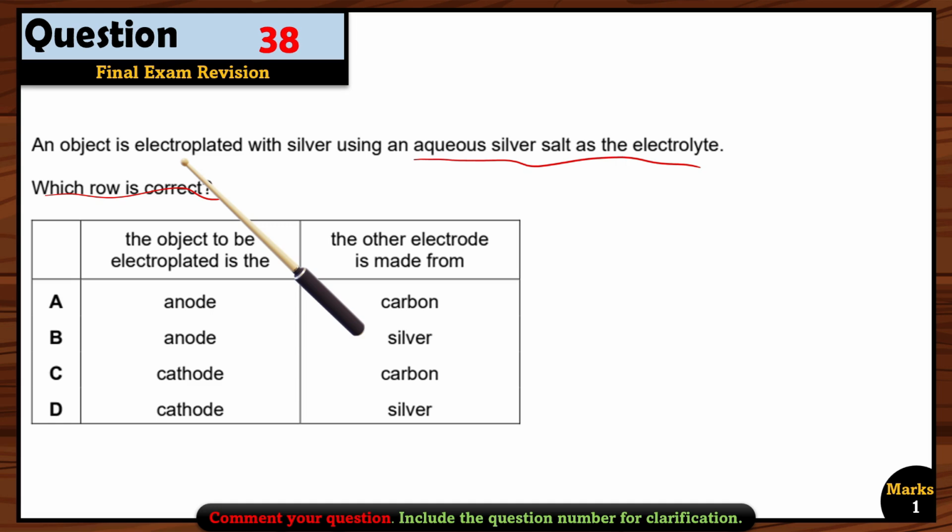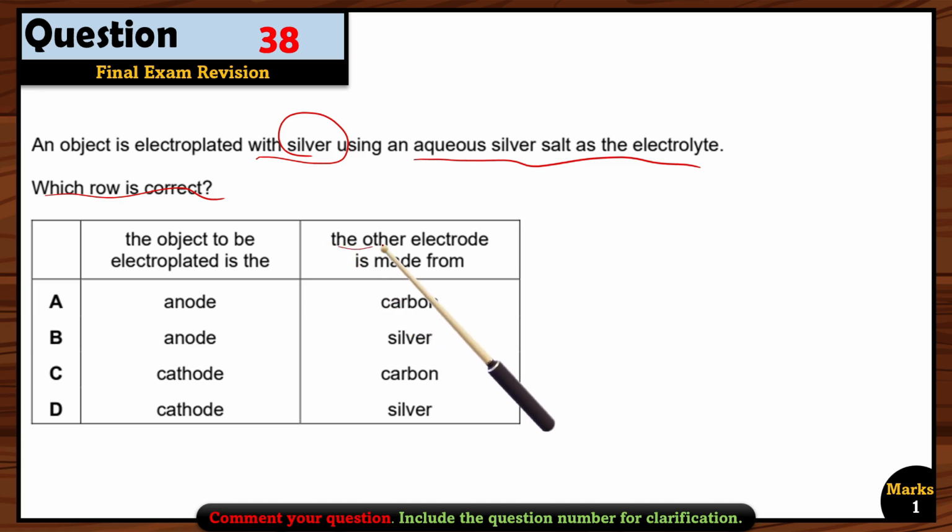So anode should be your metal that you want to deposit. If you see here, an object is electroplated with silver, it means silver is the metal you want to deposit on that object. So your silver should always be at the anode. Okay, so silver should be at the anode.